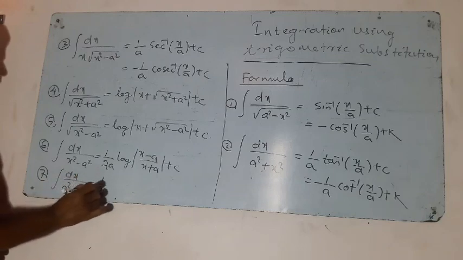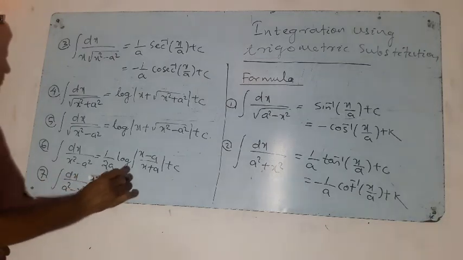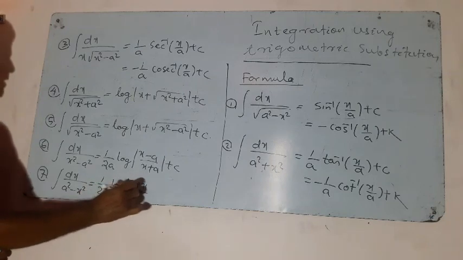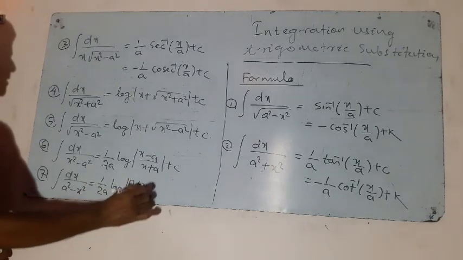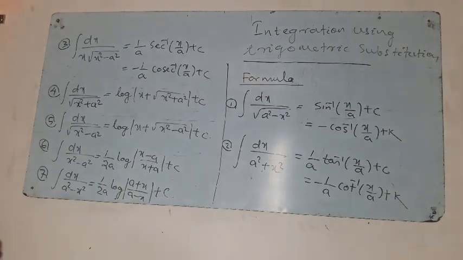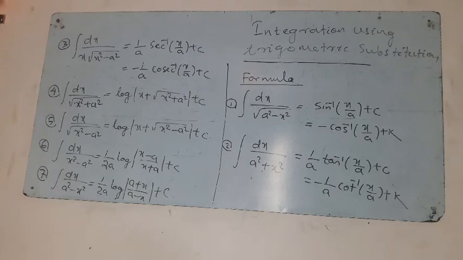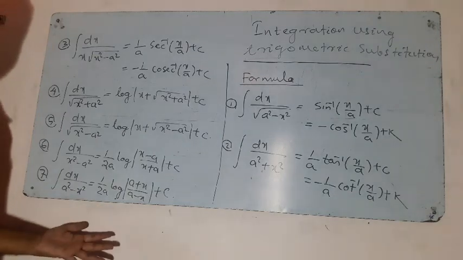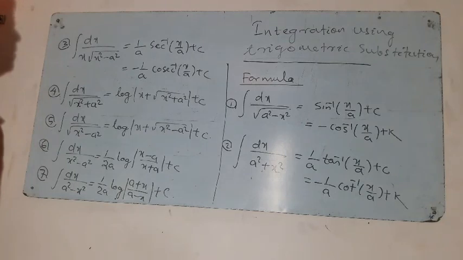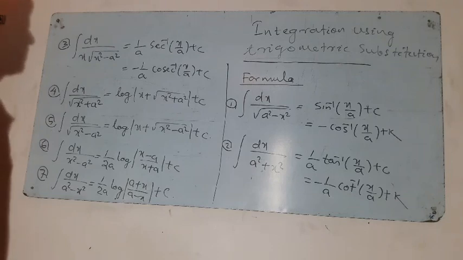It is 1 by 2a log of a plus x by a minus x plus c. These are the formula, and using this formula we derive some questions. Before going to the examples, we first prove these integration formula.